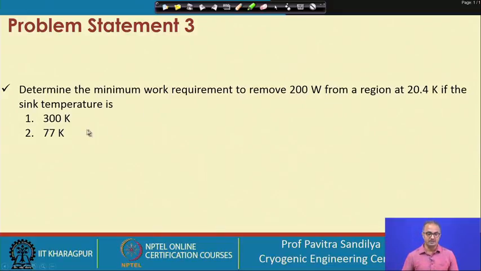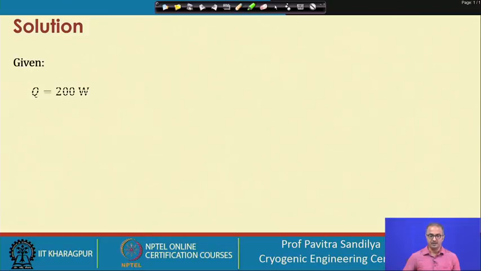Once the sink temperature is 300 K, and once it is 77 K. So, 300 K you can imagine as if we are throwing the heat to the ambient, and 77 K is some other liquid cryogen temperature. So, we will find that depending on these two sink temperatures, our work requirement will also change.